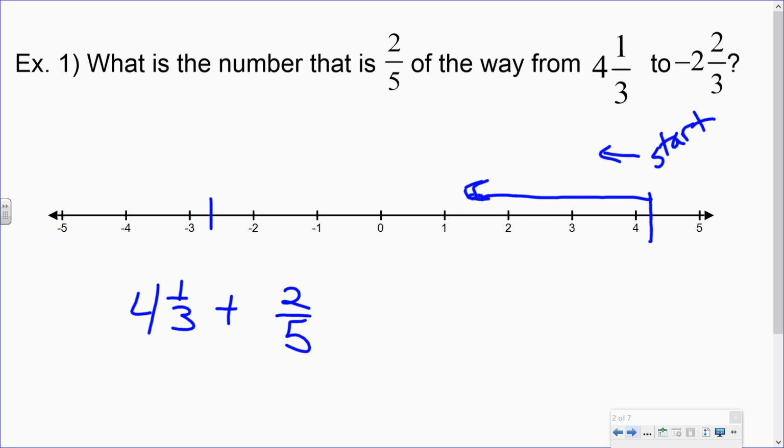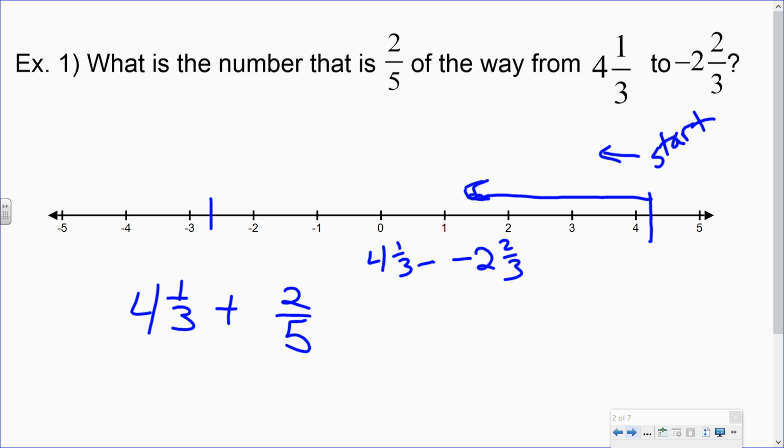If I take 4 1/3 minus -2 2/3, if I take the large one minus the small one, that looks to me like I'm going to get a positive number. And if I take 4 1/3 plus 2/5 times a positive, I'm going to the right. I'm going to end up with one of those numbers that does not make sense in this context.